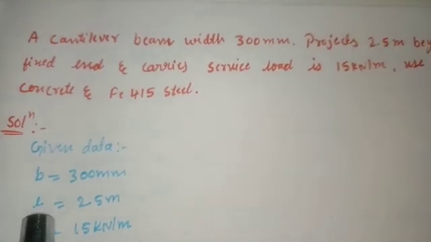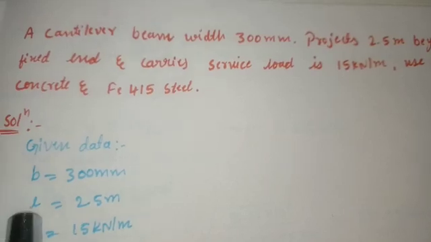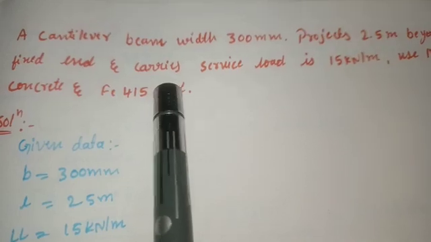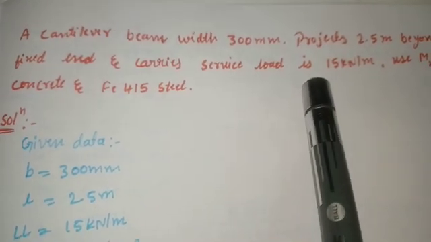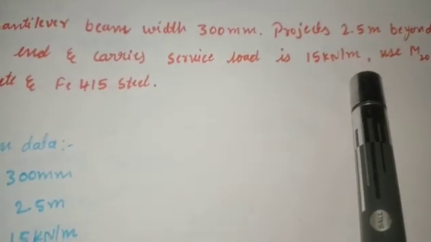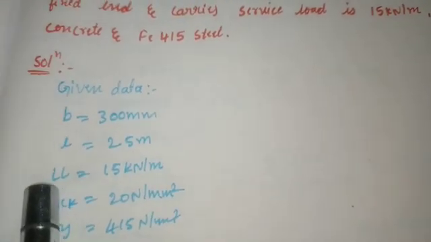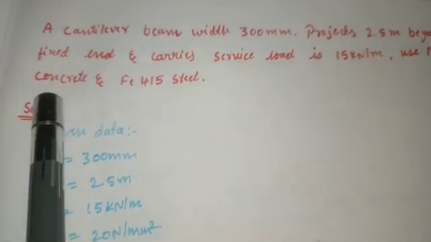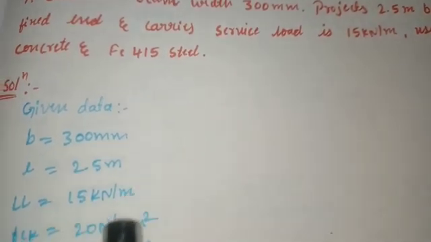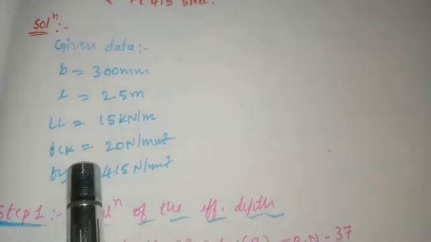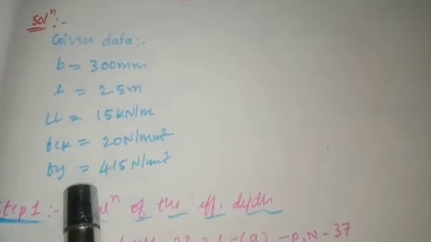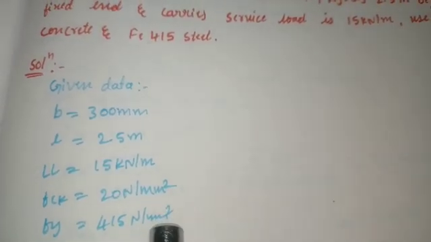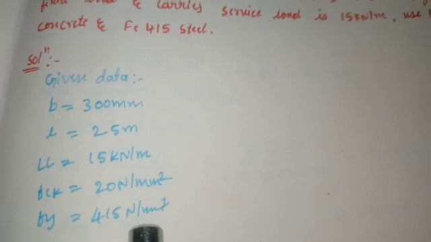That is the clear span, small l equal to 2.5 meter, and it carries a service load of 15 kilonewton per meter, that is nothing but the live load. They said to use M20 concrete and Fe 415 steel, that is our fck is 20 Newton per mm square and fy is 415 Newton per mm square. So this is the only data we have in this particular problem.